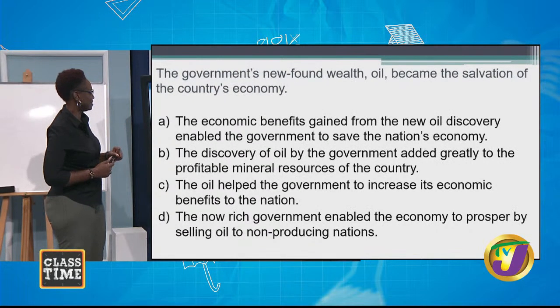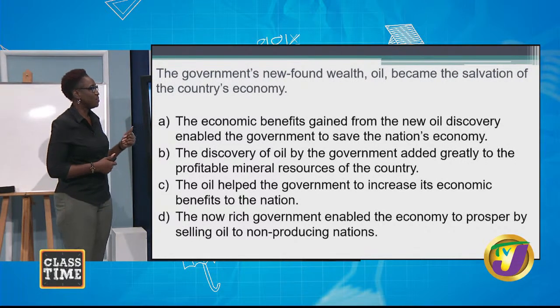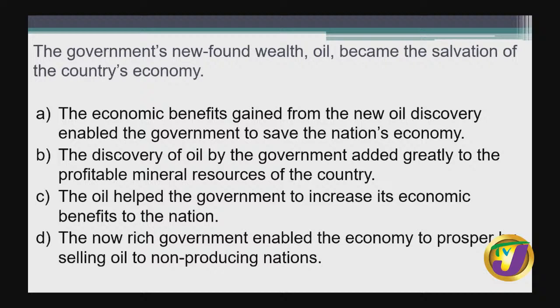Our next sentence. The government's newfound wealth, oil, became the salvation of the country's economy. All right, absorb the meaning of that one. Look at our options now. The economic benefits gained from the new oil discovery enabled the government to save the nation's economy. All right, that's a good option. Let's look at another one.